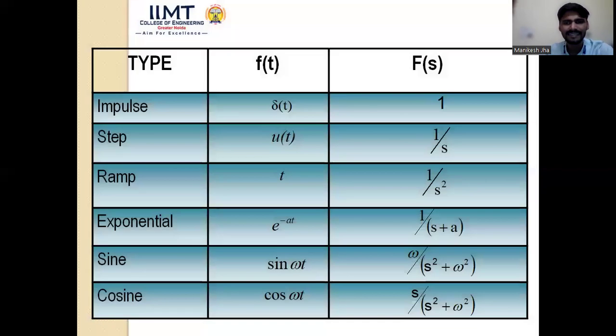There are some basic signals: impulse signal, step signal, ramp signal, exponential signal, sine signal, and cosine signal. These are the basic signals, and we have to remember the Laplace transforms of these basic signals. Why do we have to remember?